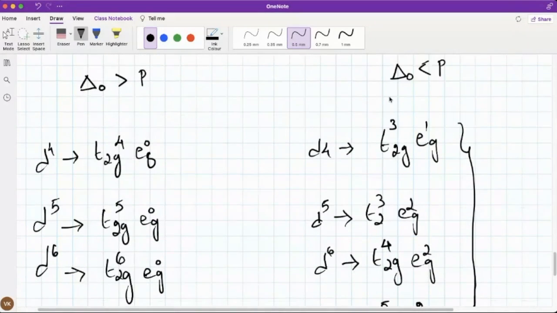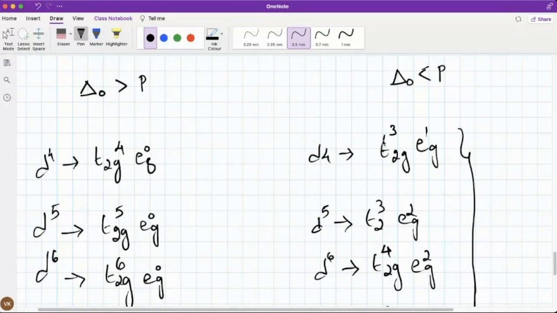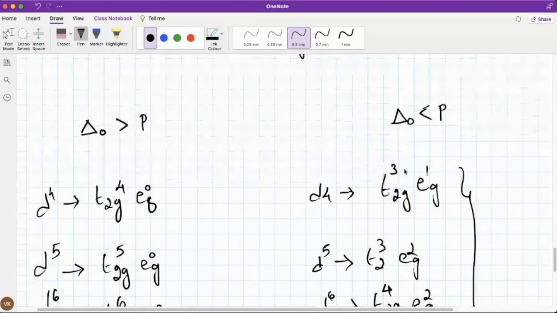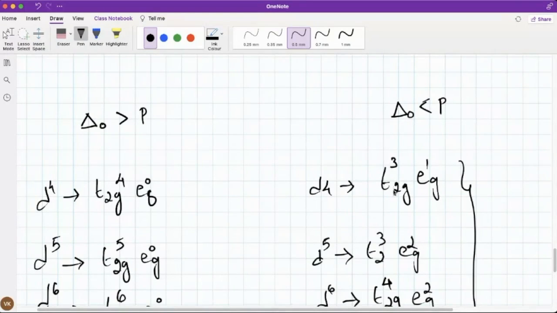If the delta naught is lower than the pairing energy, it will go to the EG state rather than getting paired. Here it is easily getting paired; here it is not preferring to get paired, rather it stays unpaired and goes to the higher energy level, that is EG.